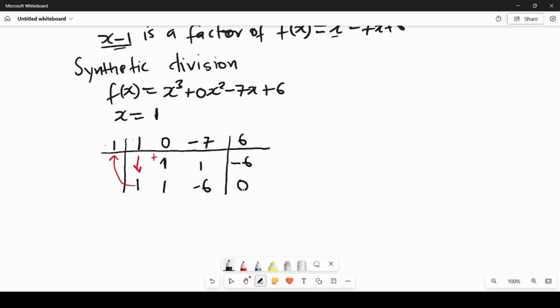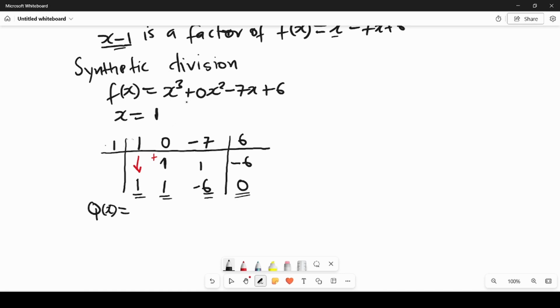When you are dividing by a factor, the remainder should always be a 0 there. Now the quotient is going to have these coefficients, and its degree will be 1 less than the given polynomial.